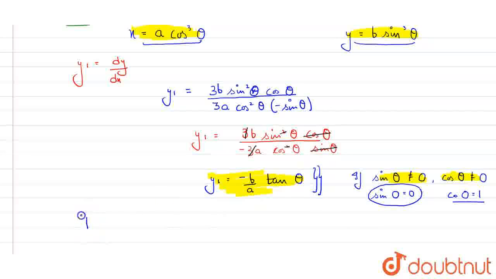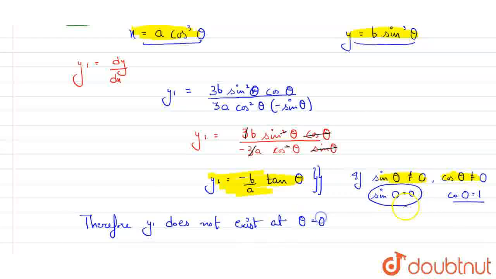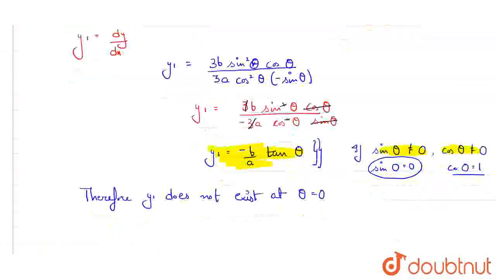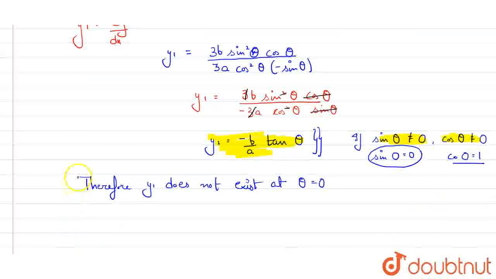So I can say therefore y1 does not exist at theta equals to 0. Okay, so if y1 doesn't exist, so hence what we can conclude from here?